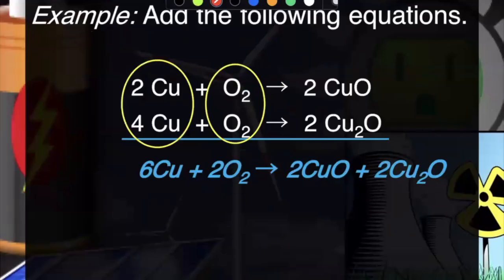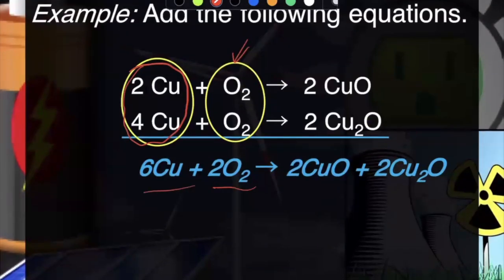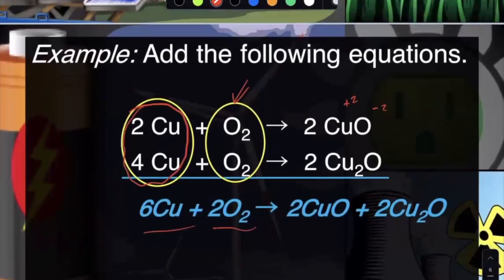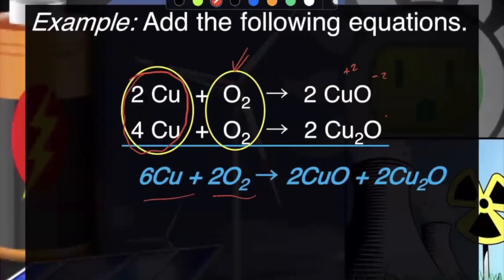In this case, we can add together the 2 moles of copper and the 4 moles of copper because they're both copper. And here we have 2 moles of O2, and those can be straight added together. For here, this is copper. Remember, oxygen is a -2, so this must be a +2. So this is copper 2 oxide. And here, oxygen is a -2 as well, always.